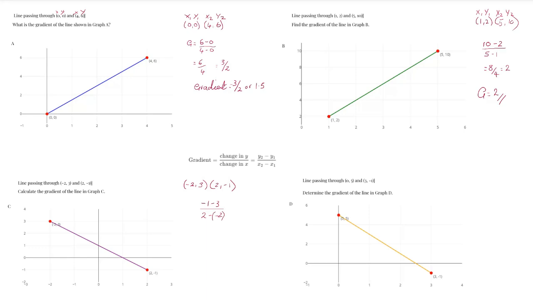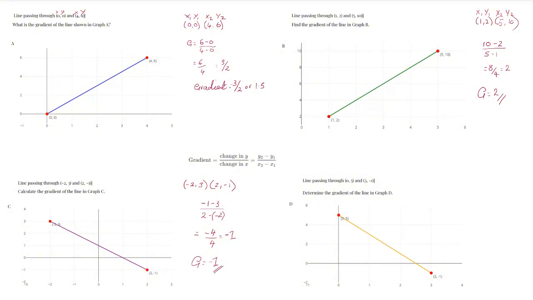Just pop that in brackets there to separate it. So now we're going to go with minus 4. Minus 1 minus 3 is minus 4 all over 2 minus minus 2, a minus and minus becomes a plus, over 4. And our answer is simply minus 1. So our gradient equals minus 1. Don't be frightened of minuses.